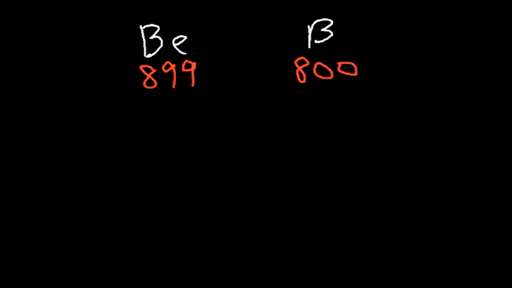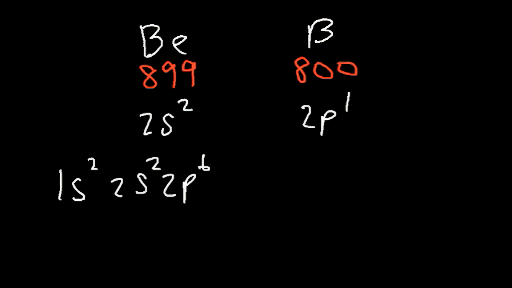Now, the last electron in beryllium is the 2s2 electron. However, the last electron in boron is the 2p1 electron. 2p, on average, is farther away from the nucleus than 2s. If you write the electron configuration, it's 1s2, 2s2, and then 2p1.